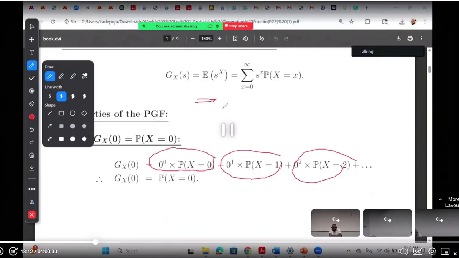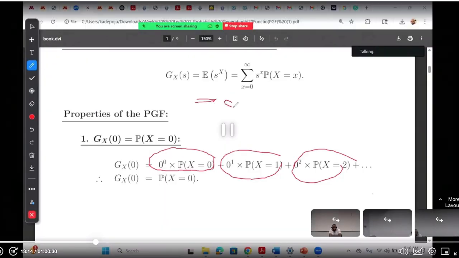What this means is s raised to power 0, probability of x equal to 0, plus s raised to power 1, the probability of x equal to 1.